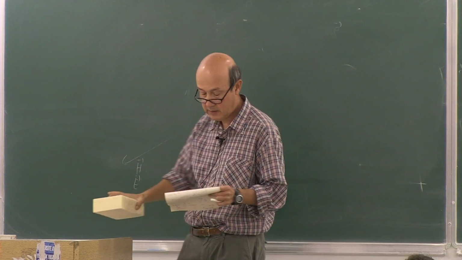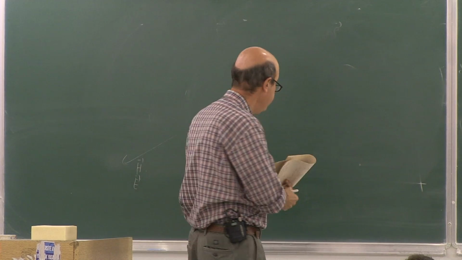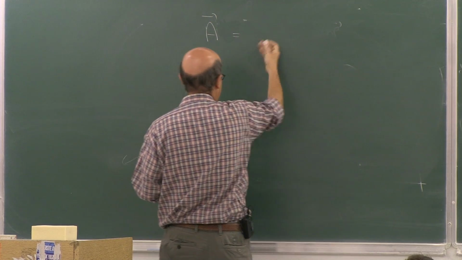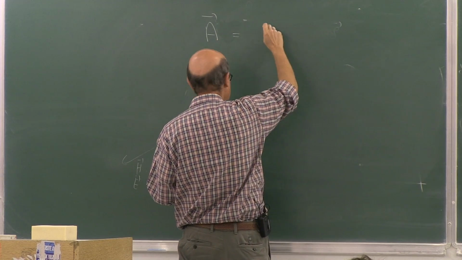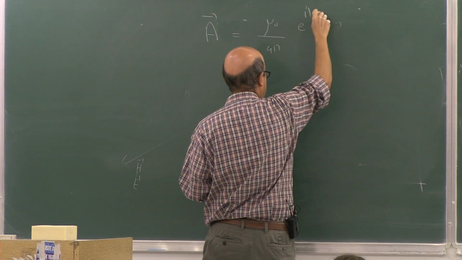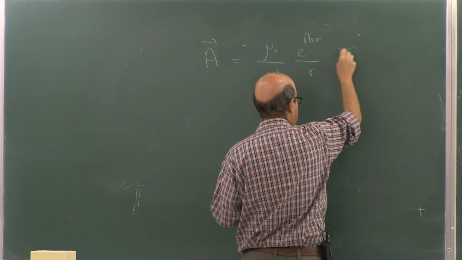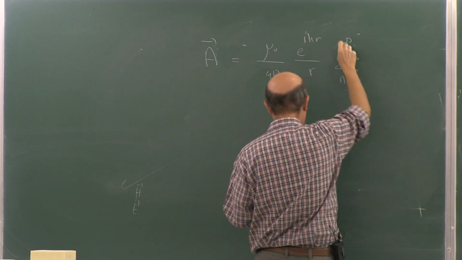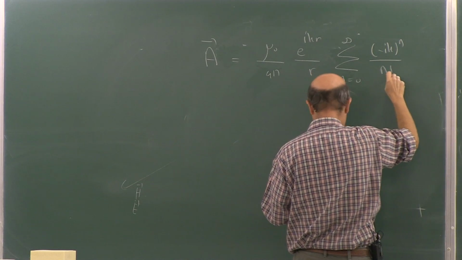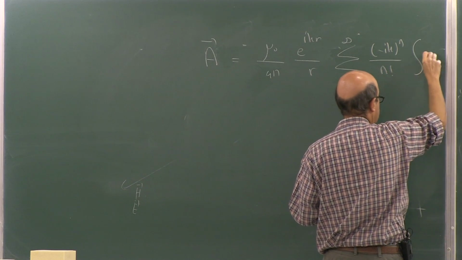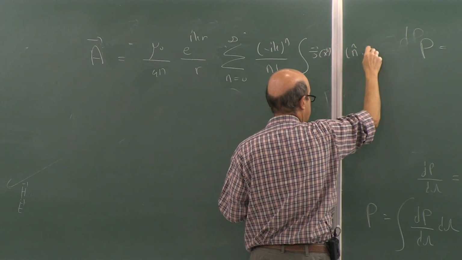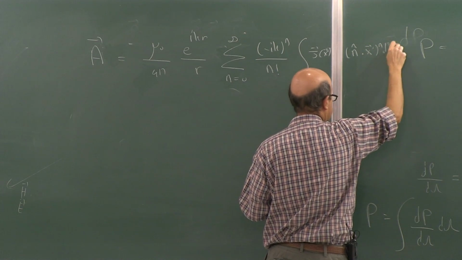So where did we stop? We have a vector potential in terms of some series expansion: mu0 over 4 pi, e to the ikr over r, sum from 0 to infinity of minus ik over n factorial, current density, dot x prime, d cube x prime.